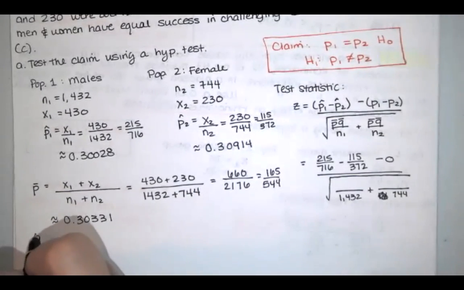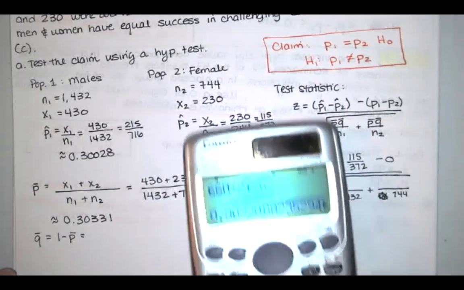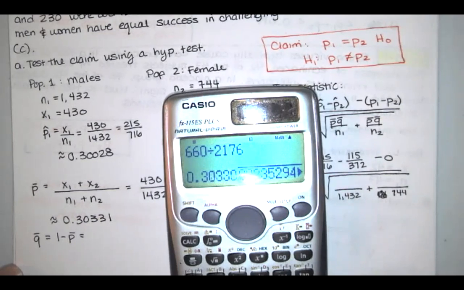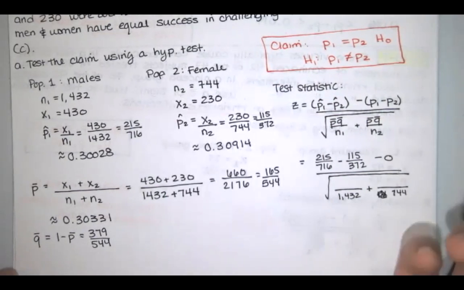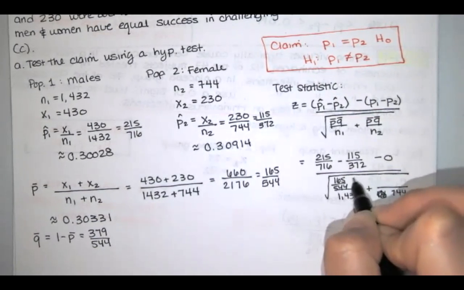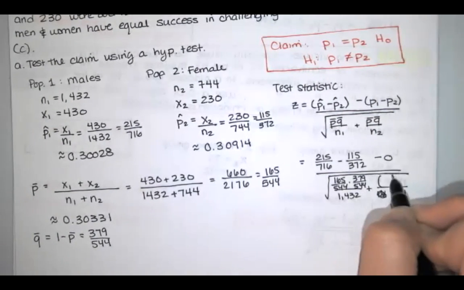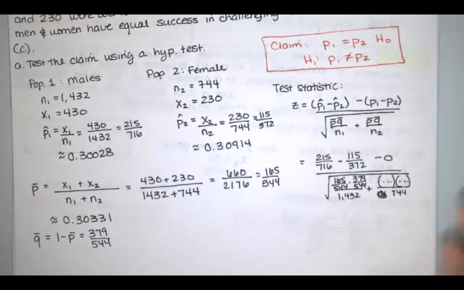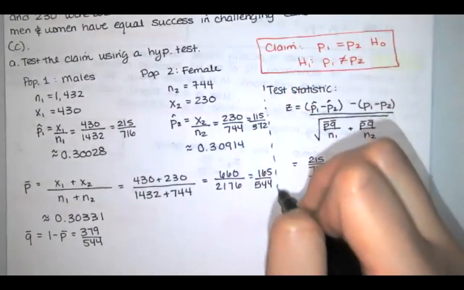And Q bar is the complement of that, so we get 379 over 544. So we're going to have 165 over 544 times 379 over 544, and we'll have the same numbers over here. And then we've got to do all that computation, and that's going to give us our test statistic.